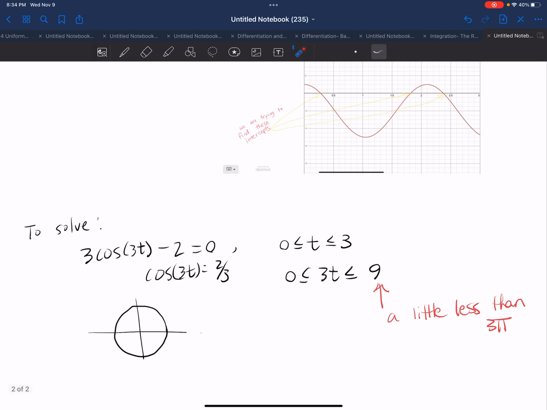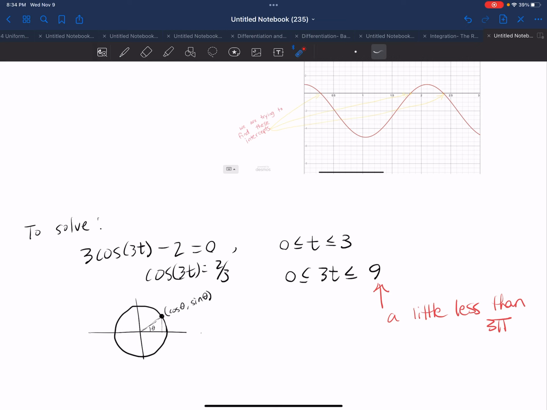Now, I'm looking at the unit circle, and remember, cosine is the x component. So if I have some value here of theta, then the coordinates for this point would be cosine theta, sine theta.